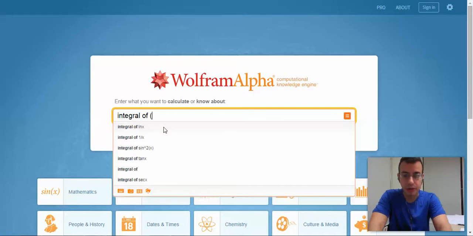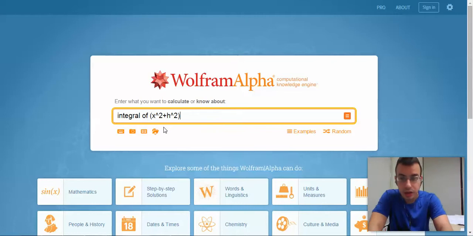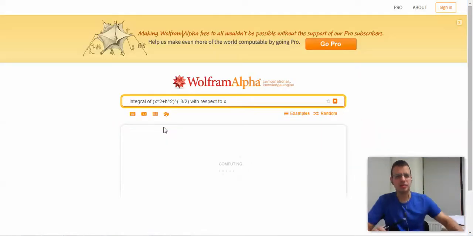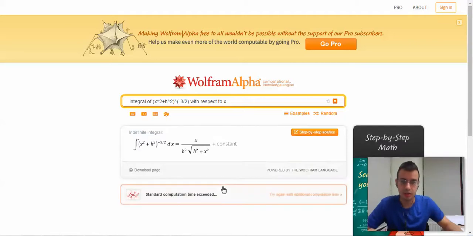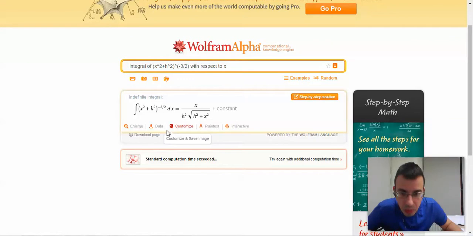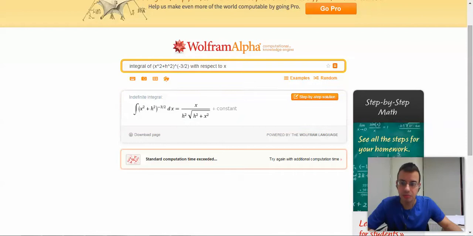Integral of x squared plus h squared to the negative 3/2 with respect to x. Yeah, let's go with this. Oh, that worked out surprisingly well. Okay, I am going to write that down because that looks really compact and useful.